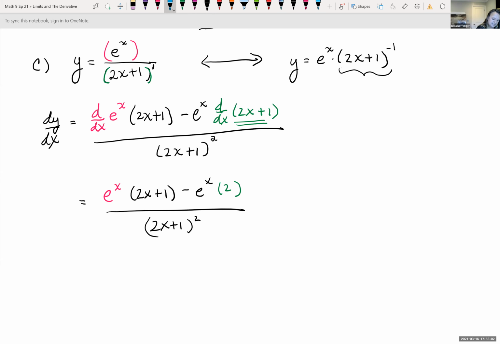Notice that in the numerator, each of those groupings have e to the x in common. So we can pull that e to the x out of both of those pieces, and we would be left with 2x plus 1 minus, pulling e to the x out over here, just a 2, all over 2x plus 1 quantity squared.